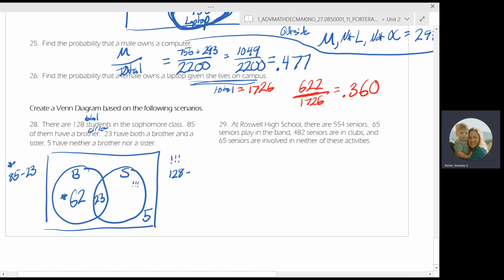So we'll do 128 minus the 62 minus the 23 minus the 5. We get 38, so this section is 38. And we're not doing any probabilities here, we're just drawing the diagram to make sure we can draw those diagrams.